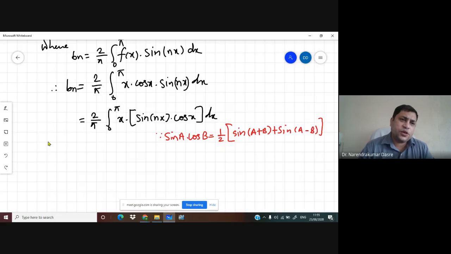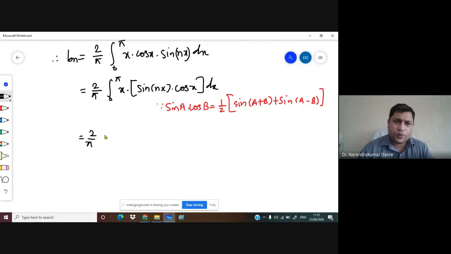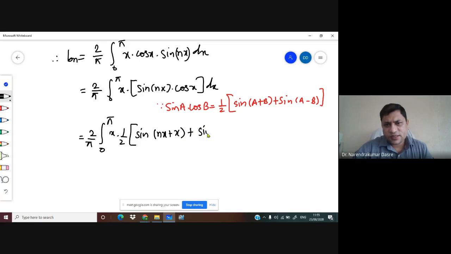So let's use this formula and we get this is equal to 2 upon pi integral 0 to pi x into half sine of nx plus x plus sine of nx minus x and dx.